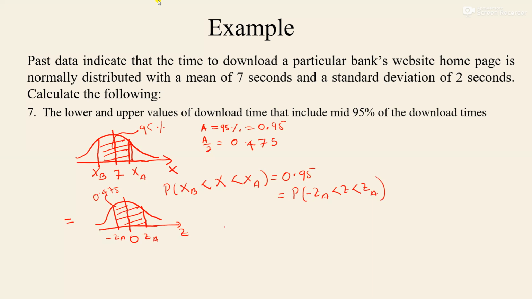Because of symmetry, the probability of zero less than Z less than ZA is equal to 0.95 divided by 2, that is 0.475. Same here, right? Sorry, this is 0.475. So altogether 0.95.